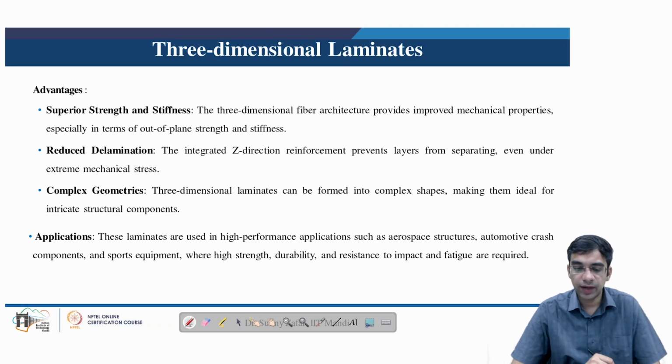The three-dimensional fiber architecture provides improved mechanical properties, especially in out-of-plane strength and stiffness. Delamination is reduced as the reinforcement is integrated in the Z direction. This reinforcement prevents separation of the layers even under extreme mechanical stresses. Complex geometries can be formed utilizing three-dimensional laminates, making them ideal for intricate structural components.